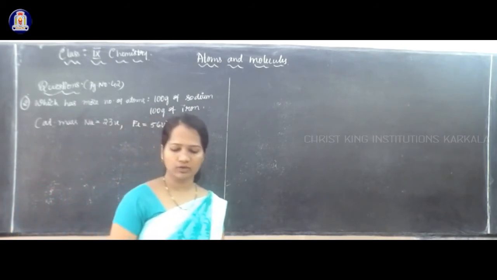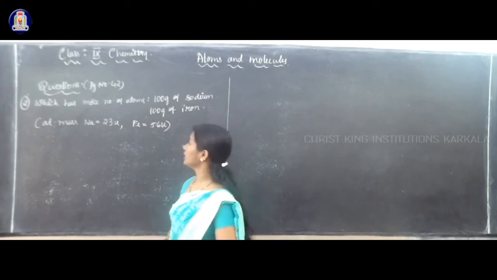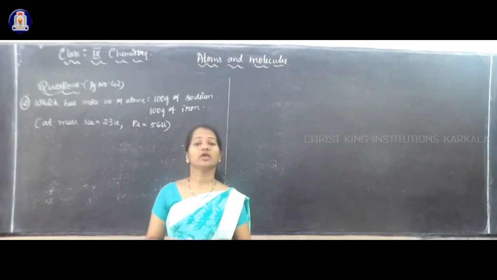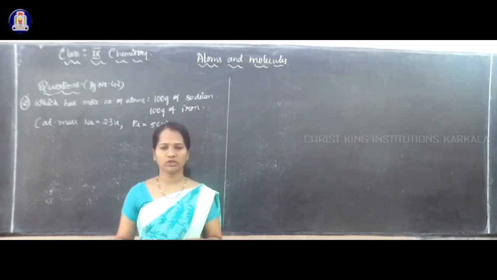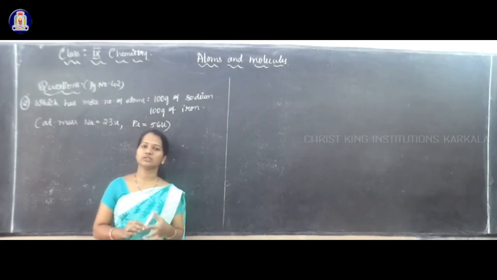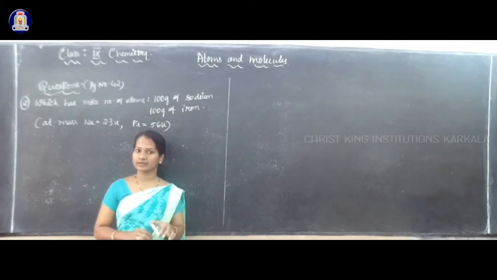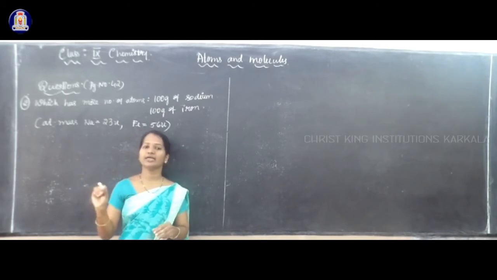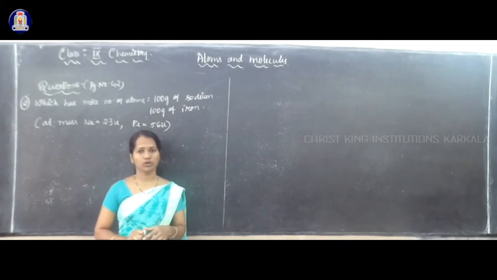We have to calculate which has more number of atoms, particles or molecules. What is the formula? Number of moles is equal to number of particles, atoms or molecules divided by Avogadro number. So first we will calculate the number of moles.